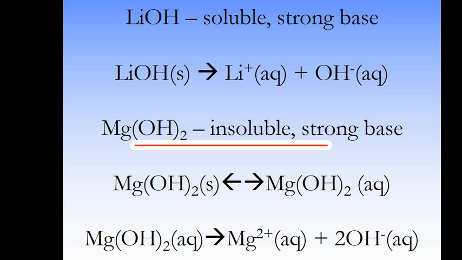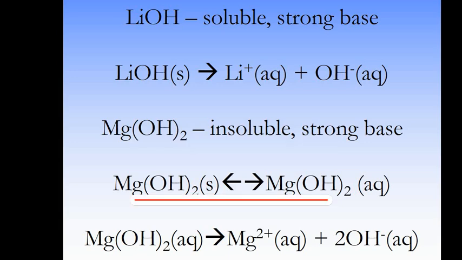If you go down to the second example with magnesium hydroxide, in this case, we also have a strong base, but it's insoluble. So what does this mean? Imagine we have a big chunk of solid magnesium hydroxide that we're going to try to dissolve in water.